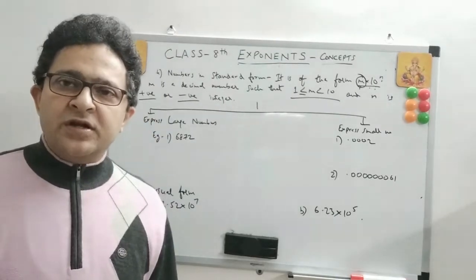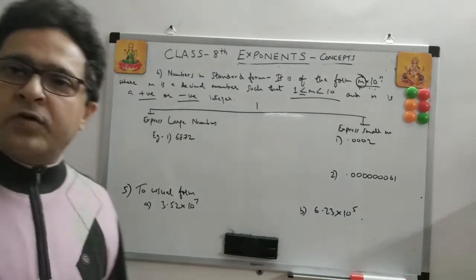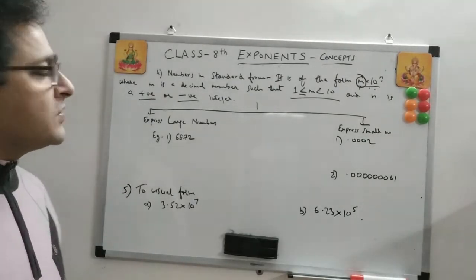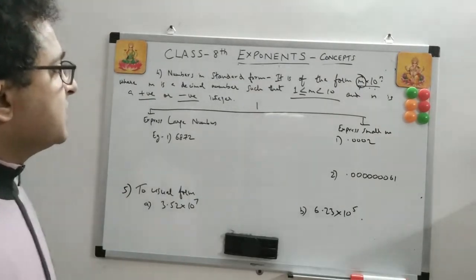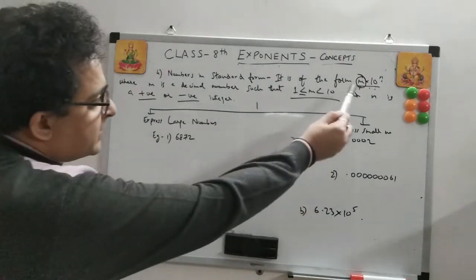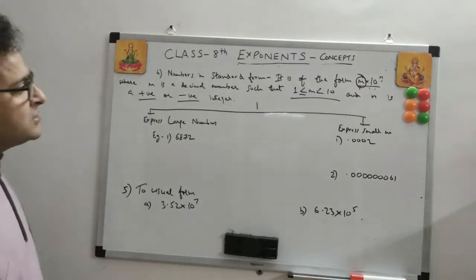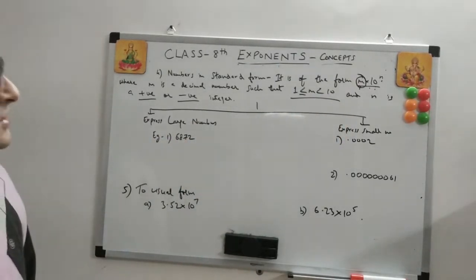Let's move further. The other concept is regarding standard form. So let's see what the standard form is. Standard form is any number which is in the form of m into 10 to the power n, where m is a decimal number such that m is between 1 and 10.